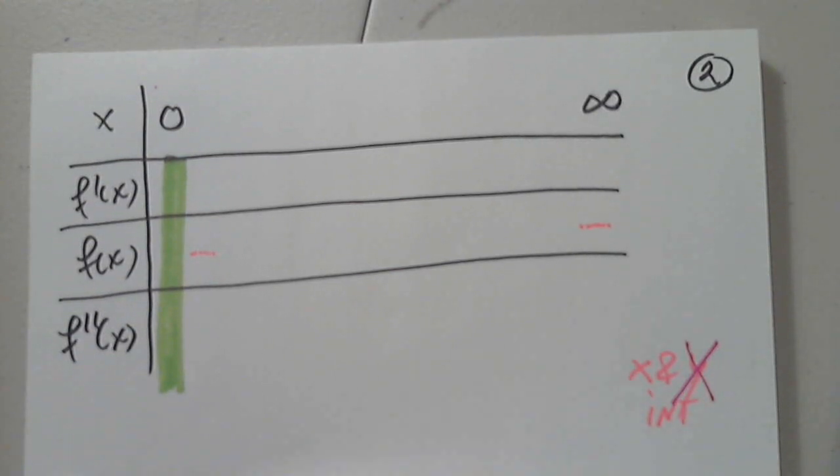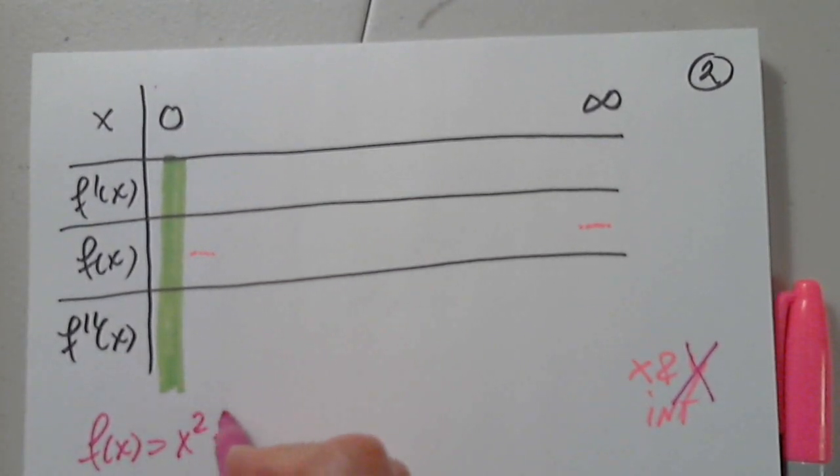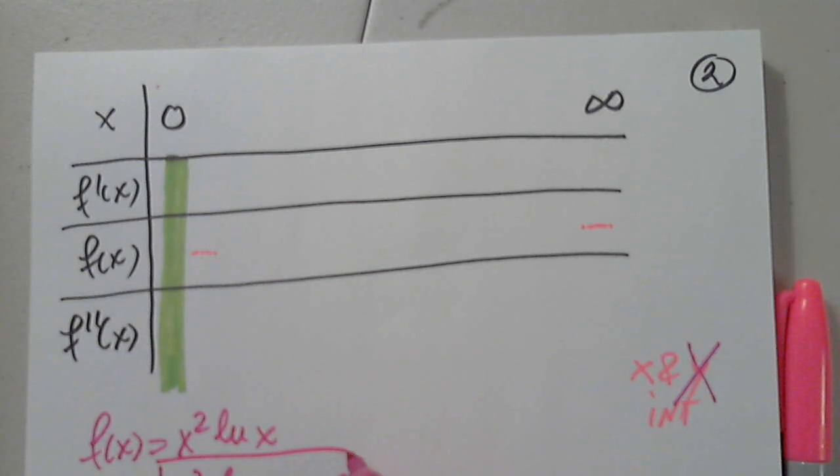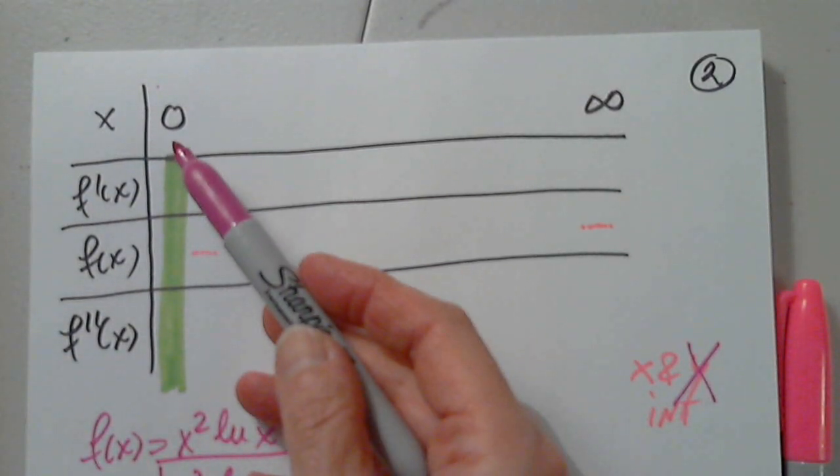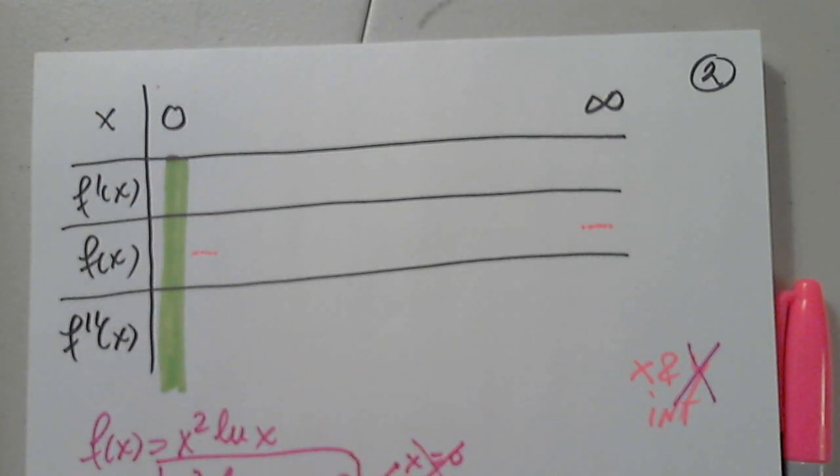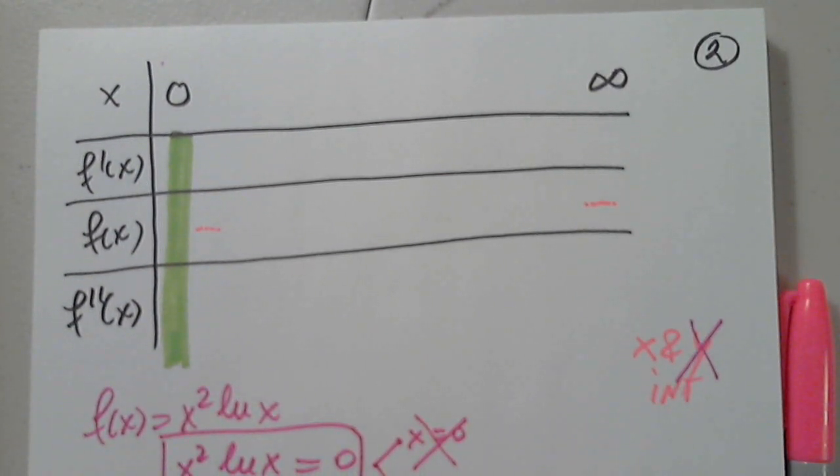So let's analyze. I'm going to copy the function right here. So f of x equals x squared natural log x. Can x squared natural log x be 0? This is the question now. Because it's a product, either x squared is 0, which would give x equals 0, but that's not a possibility, since we already know the function doesn't exist there. The second option is natural log x equals 0.